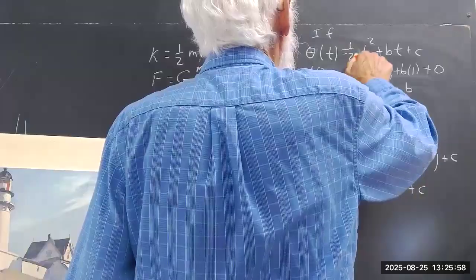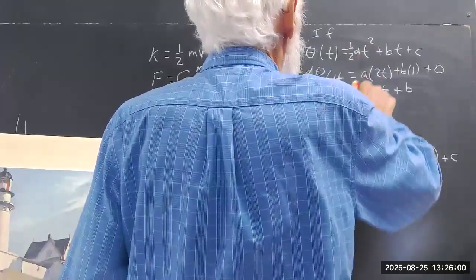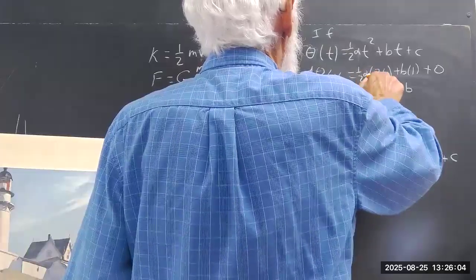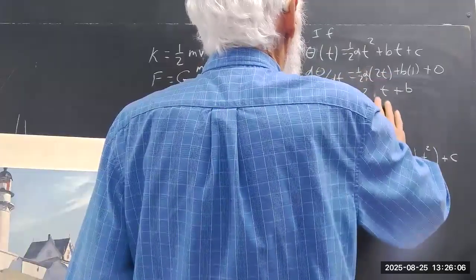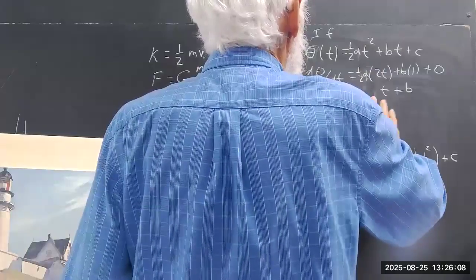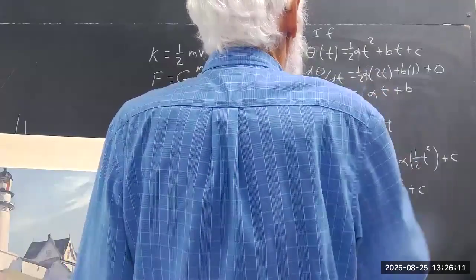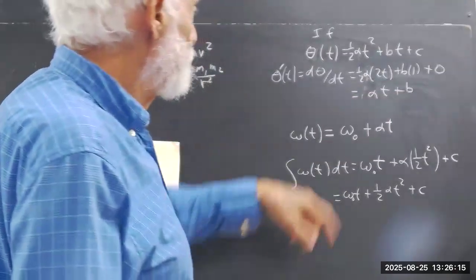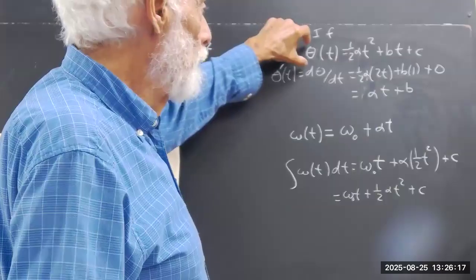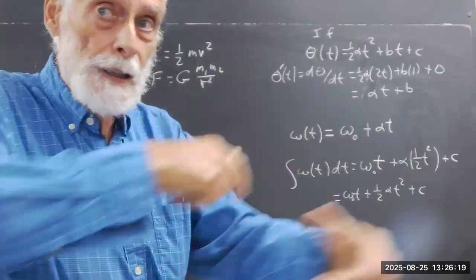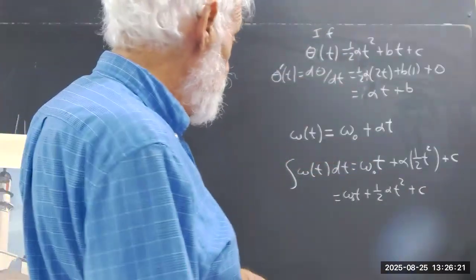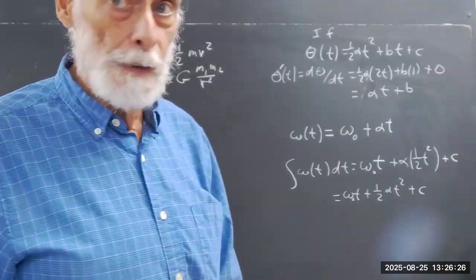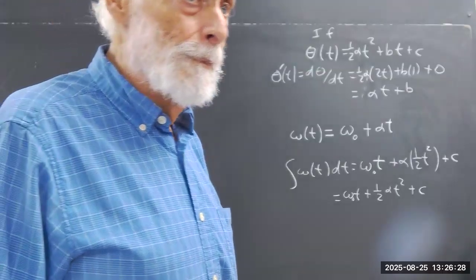It should have been 1/2 alpha. That's like alpha t plus b. Now that's a derivative of your theta function, your angle as a function of time. This is your angular velocity as a function of time.